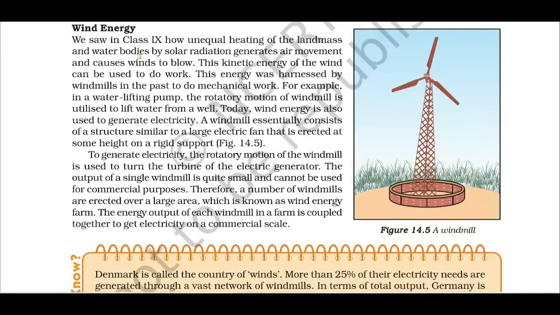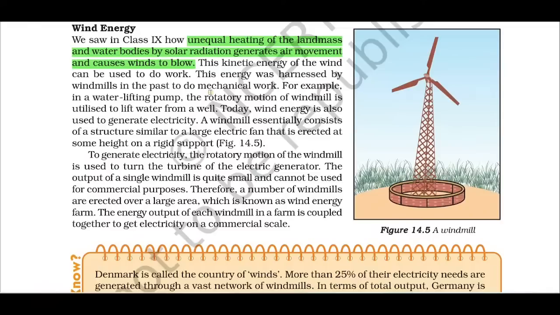Next important energy is wind energy, which is a renewable source of energy, which is also a non-conventional source of energy. Because of unequal heating of the land mass and water bodies by the solar radiation, it generates air movement and causes what? Wind energy. This wind energy is harnessed by the windmills to produce what?